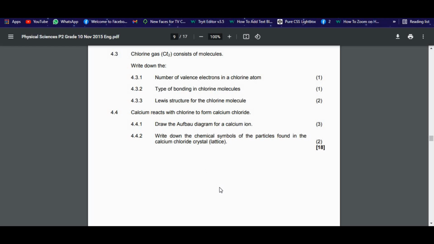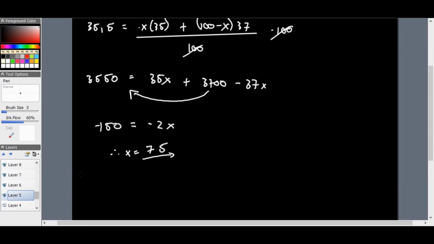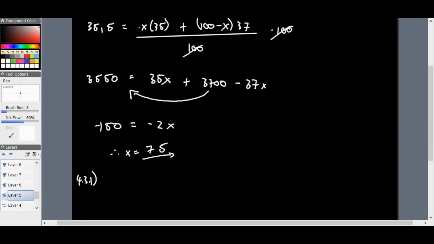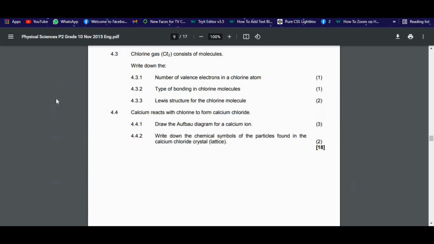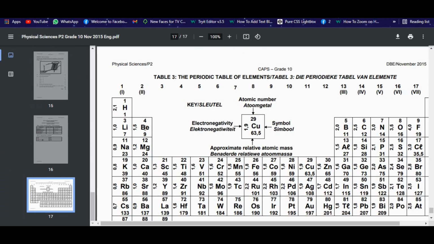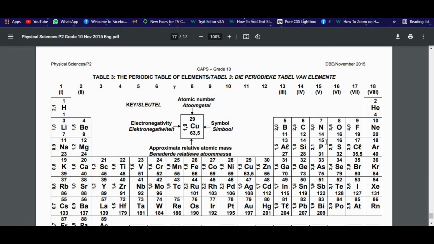Right, let's see how we can do this. 4.3.1. Remember, the number of valence electrons in a chlorine atom. So we need to have a periodic table open for this. Let's see if we can just access the periodic table here in this exam paper. Right, here we go. Let's find chlorine. There we go.